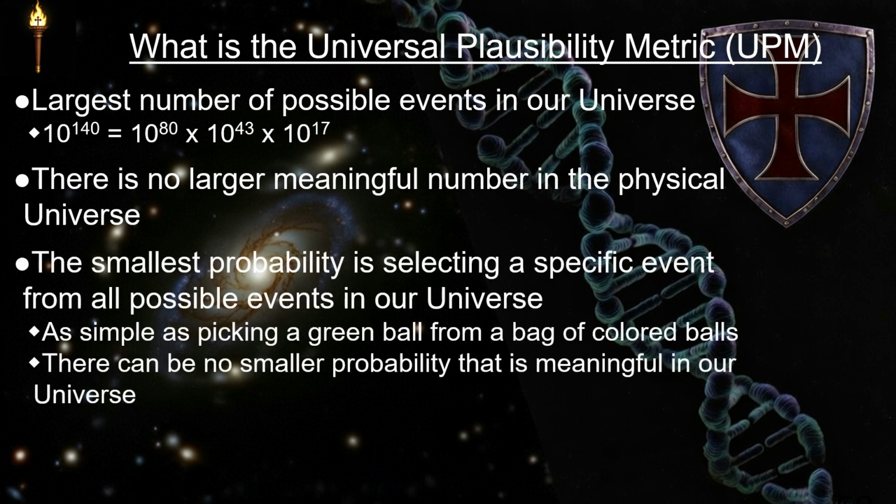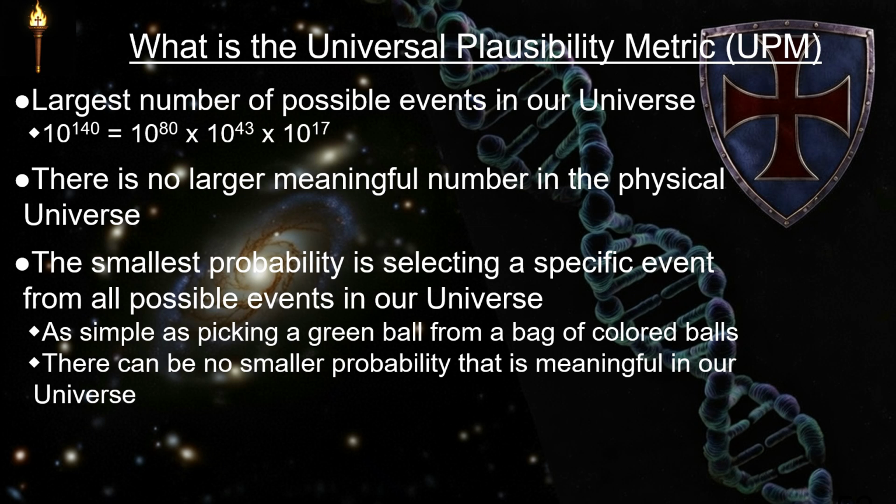Now, if we say that the largest number of things we can identify in our physical universe is 10 to the 140, then selecting just one of those gives us the smallest probability. And that smallest probability is selecting a specific event from all possible events in our universe. Remember, we want this to be as simple as picking a green ball from a bag of colored balls, and that's what we're doing.